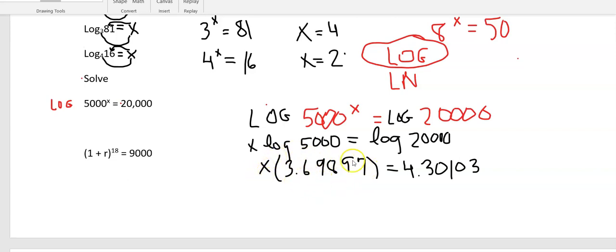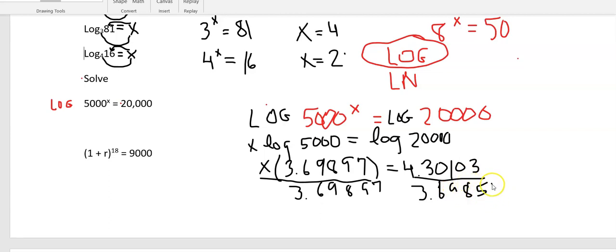Now let's really notice that this is just a number being multiplied times x. Normally, we would have that number in front of x, but it doesn't really matter. It means the same thing. So let's just divide it out to get x by itself. And then it's really just a matter of putting this right-hand side into the calculator and seeing what x is.